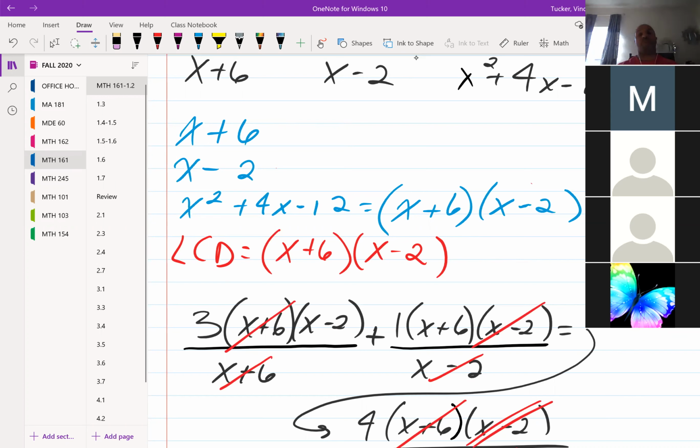Once again, there will be certain things in chapter 1 that they are expecting you to come in with. So if you're having issues with factoring or you forgot your factoring skills, because that's what we did with that trinomial, we factored it down to x plus 6, x minus 2. And I'm not saying this to you specifically, I'm talking to everybody, because that's a great point you just brought up.